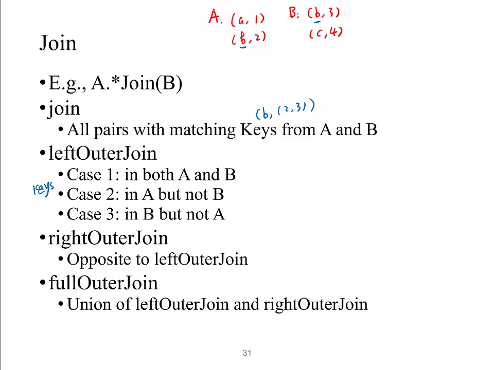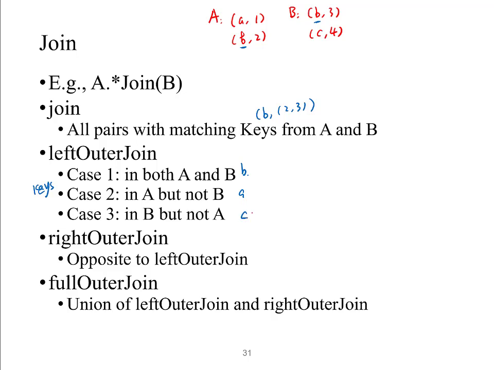The first case is that the key exists in both A and B, just as B here. And the second case is the key exists in A but not B. So that is the A here. And for the third case, the key is in B but not A, so it's C here.